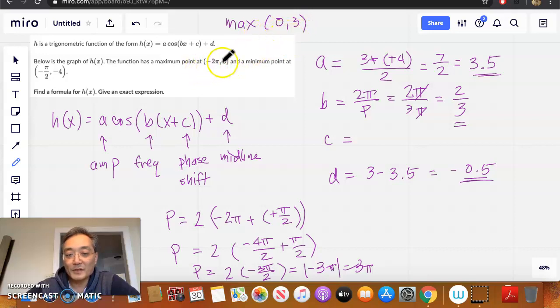But this max on the cosine is not on the y-axis. It is shifted 2 pi units to the left, correct? So this point is shifted from 0 to negative 2 pi, which is 2 pi units to the left. So this function has a 2 pi left shift.